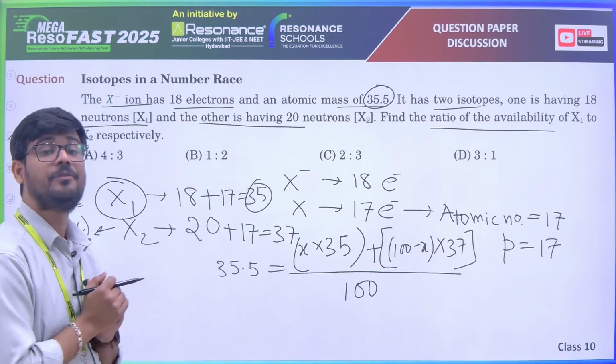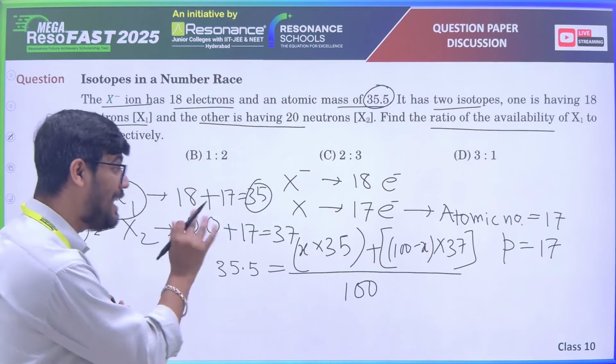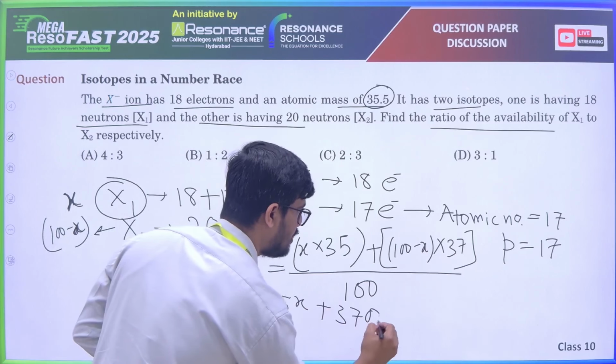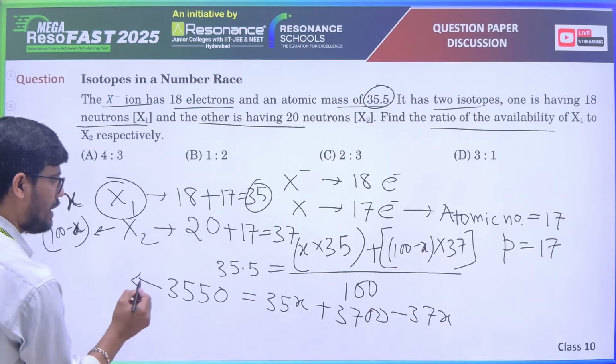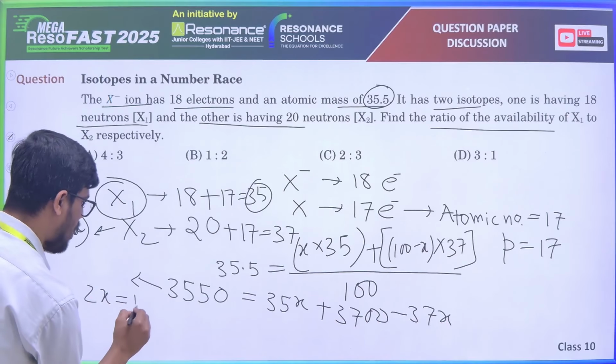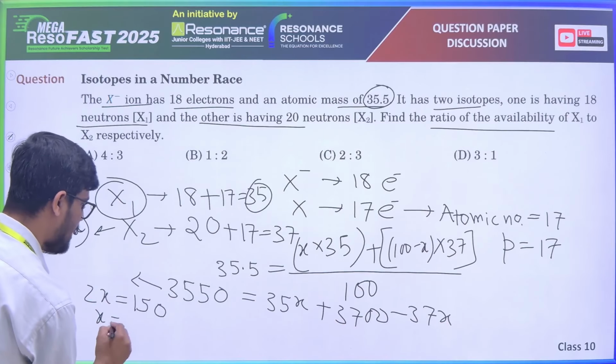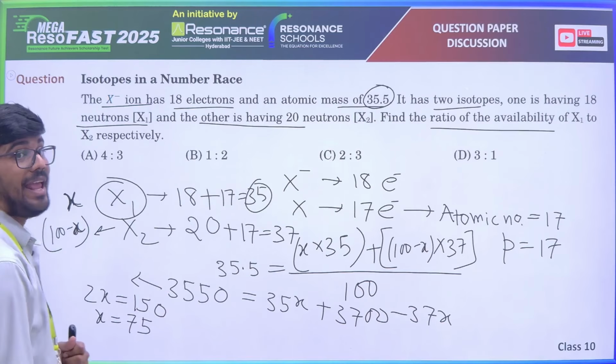Now we have to find the value of x. So just cross multiply: 3550 equals 35x plus 3700 minus 37x. From this we get 2x equal to 150, so x will be 75.